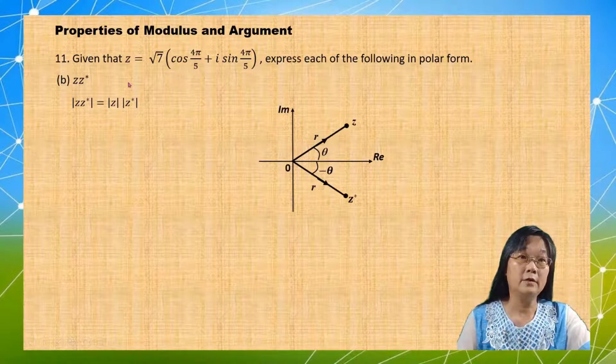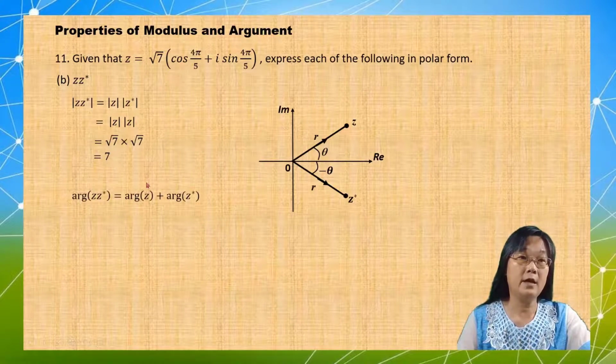For the conjugate of z, conjugate means we reflect the complex number about the real axis, so the modulus is still the same as z. So the modulus of conjugate z is the same as the modulus of z. The modulus of z we can get from here, that is square root of 7. So finally we get 7.